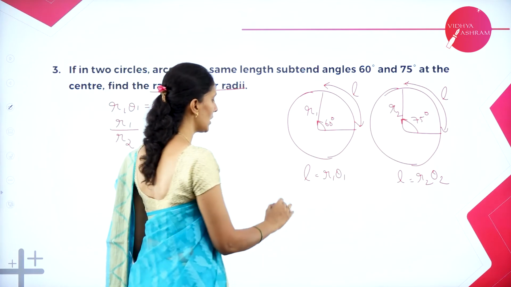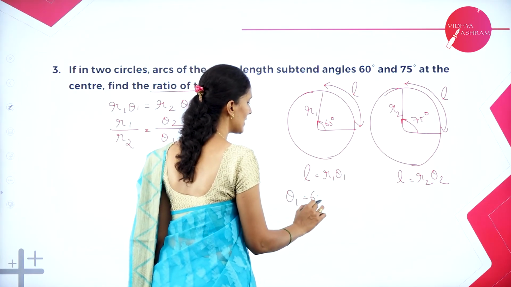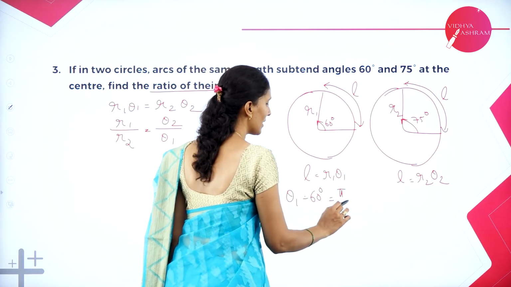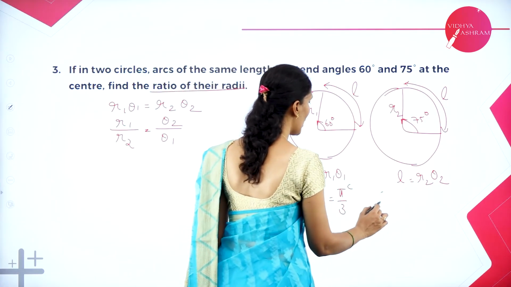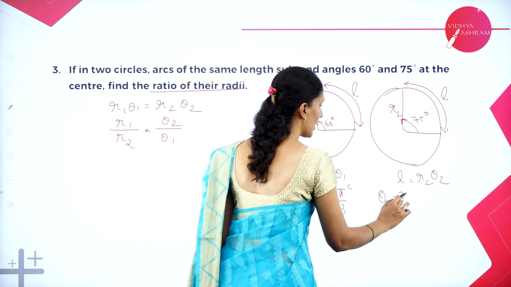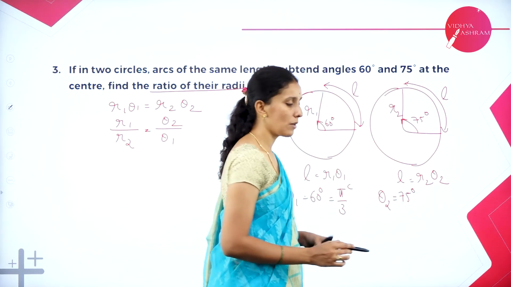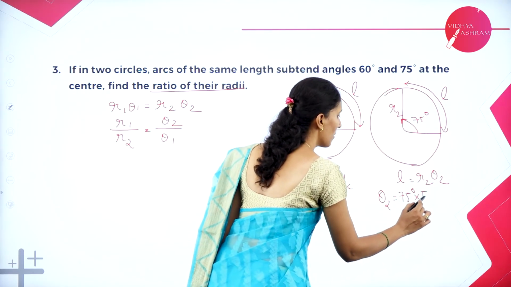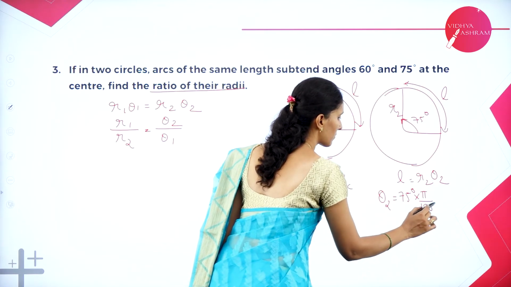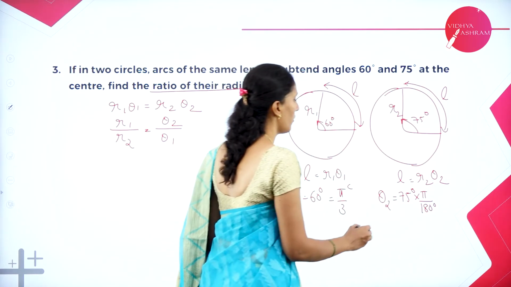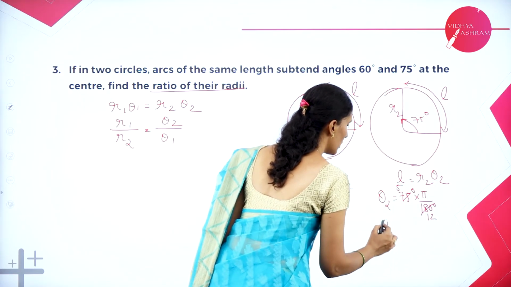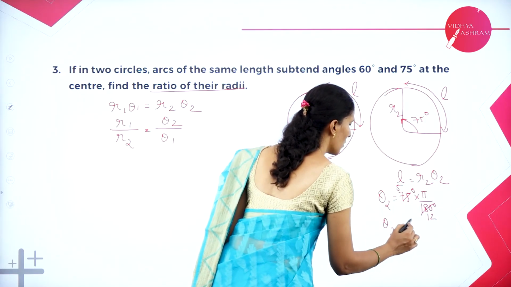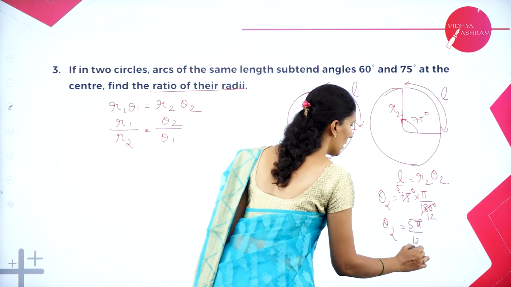What is theta 1 here? Theta 1 is 60 degrees, so it is pi by 3 radians. And theta 2 is 75 degrees. If you don't know the value in terms of radians, multiply by pi by 180 and cancel it. So you will get 15 5s are, 15 12s are, so theta 2 is equal to 5 pi by 12 radians.